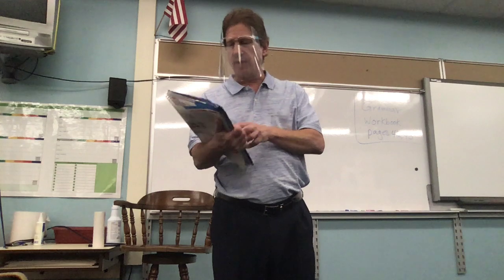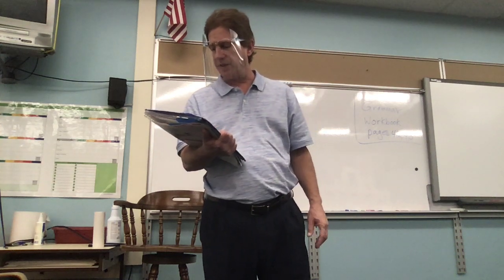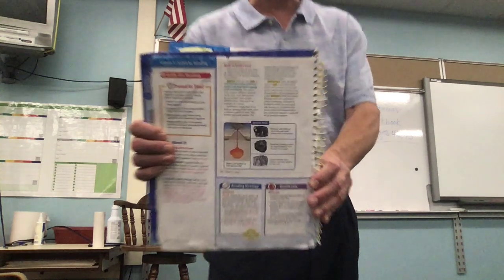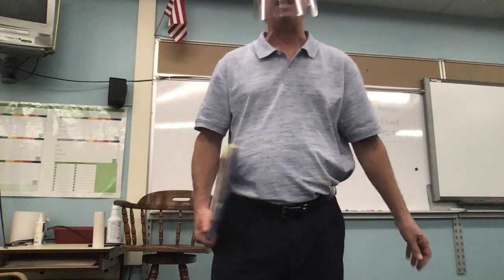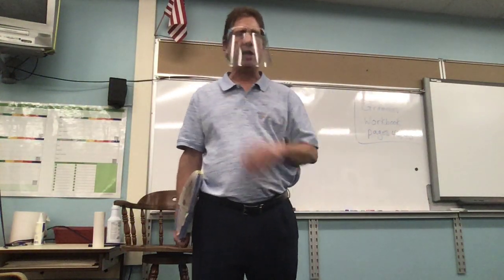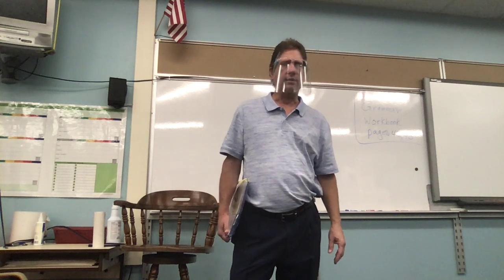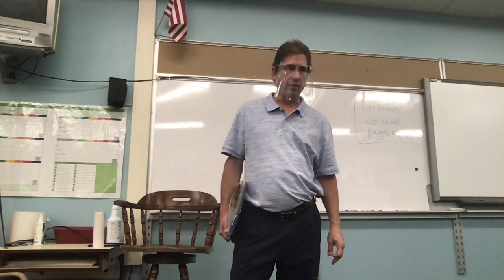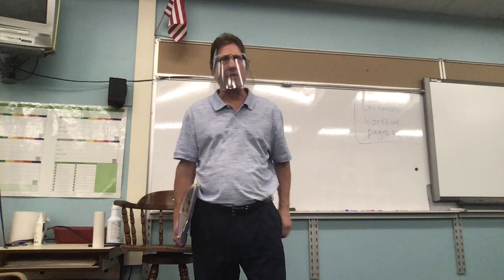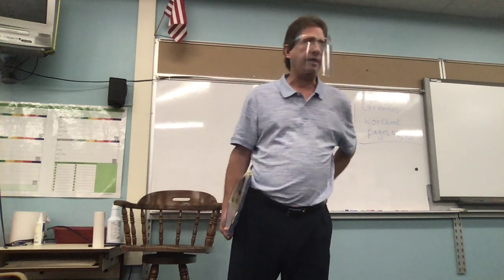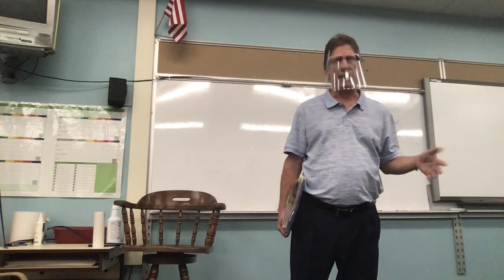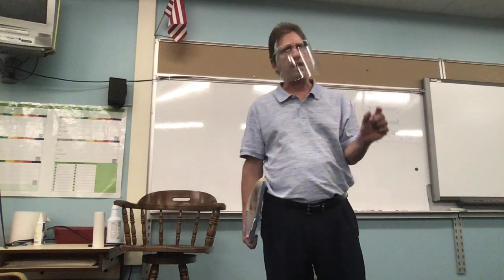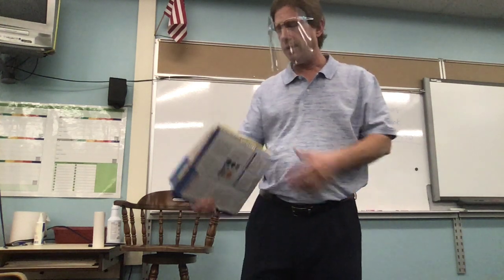On the next page, we get really specifically into obsidian, basalt, and granite. And I often tell the kids, people use granite very often in kitchens for countertops. It's a little bit expensive if you decide to go that route, but it looks really nice. And the earth naturally makes these patterns, and if you get them and they cut them into thin slices, you can make countertops.